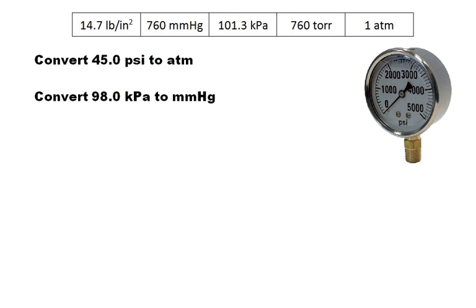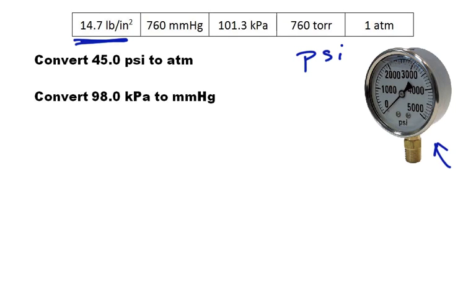Now, we want to go back here and do some quick mathematical conversions. The first part of it is when we're talking about 14.7 pounds per square inch, a lot of times you're going to see that written as PSI. And PSI just means pounds per square inch. So here's a gauge, and that's measured in PSI.